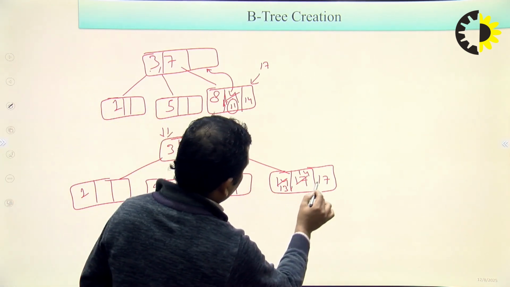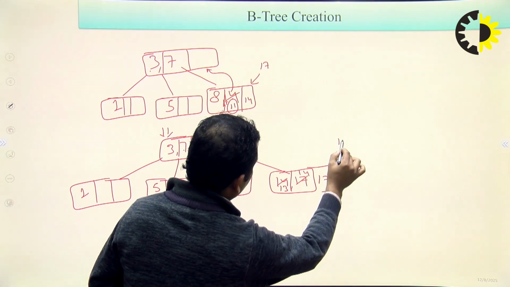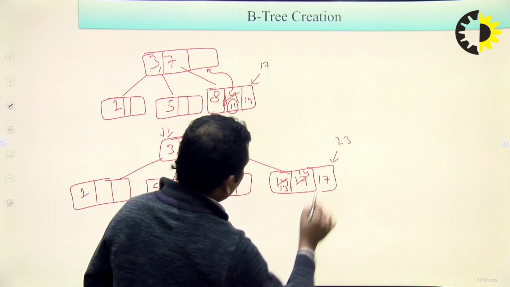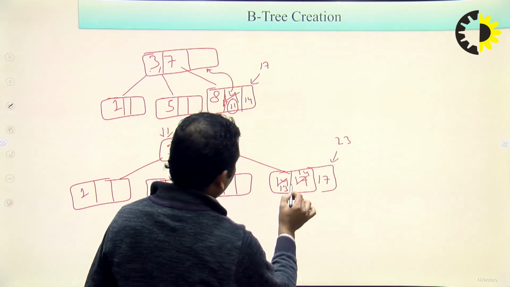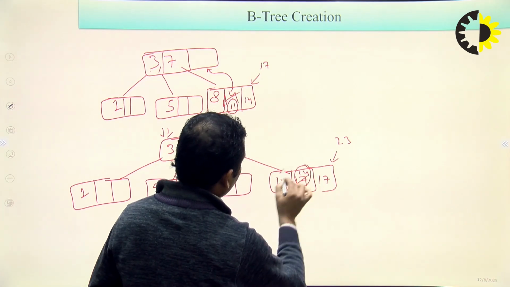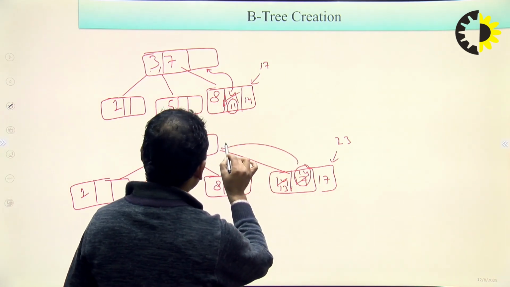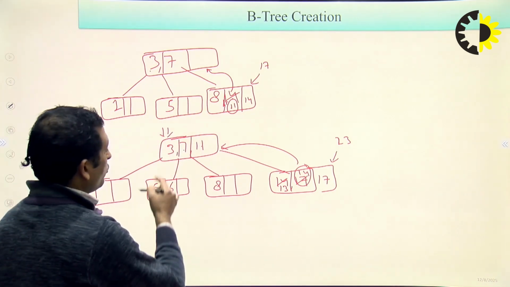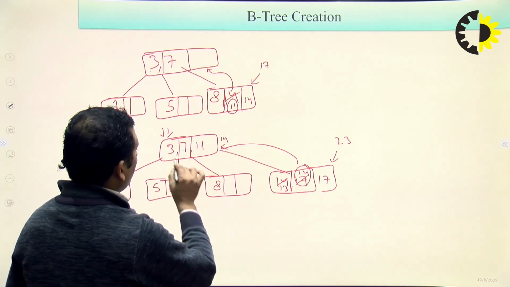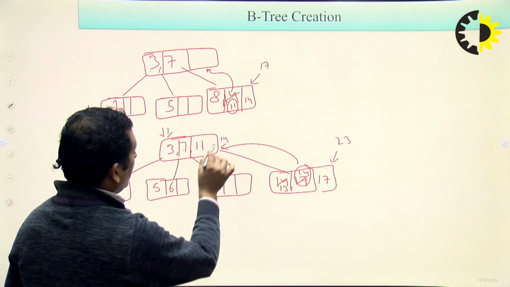Now here 23, try to come, but there is no space, so splitting point. Using the left bias approach, 14 will come upside, but there is also no space, so 3, 7, 11 and 14.